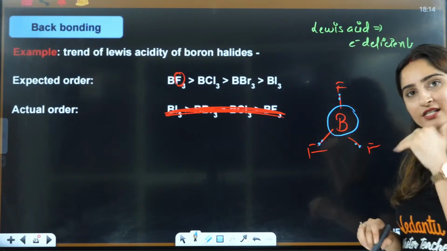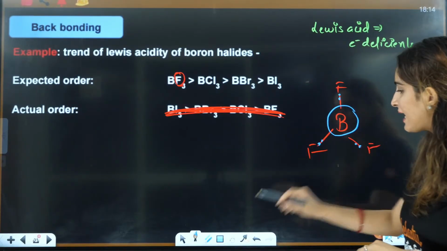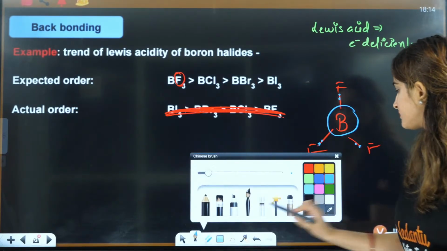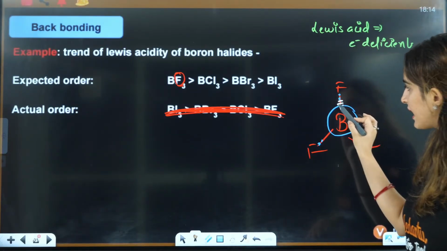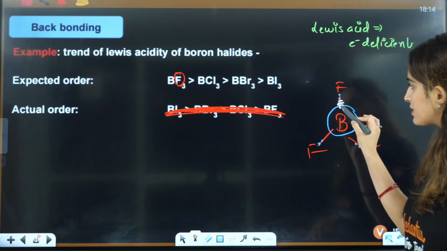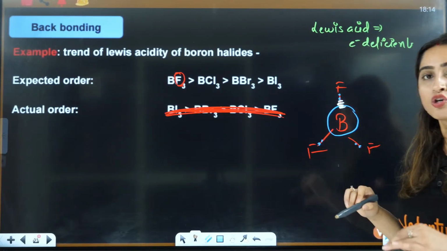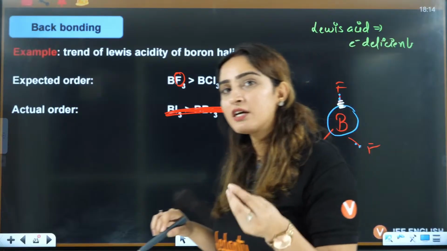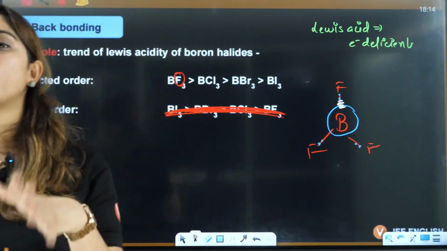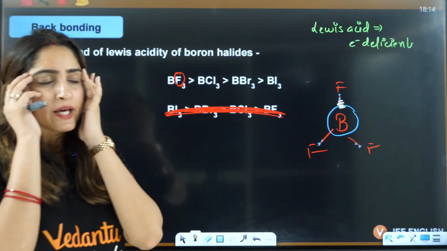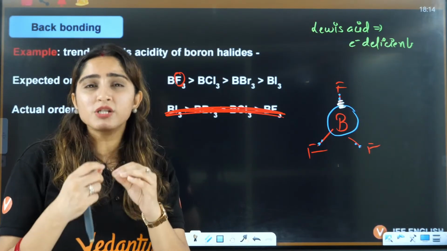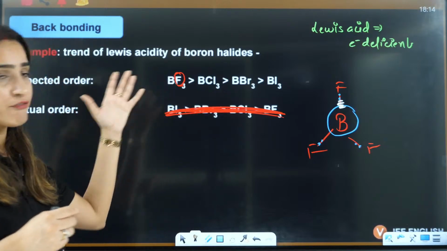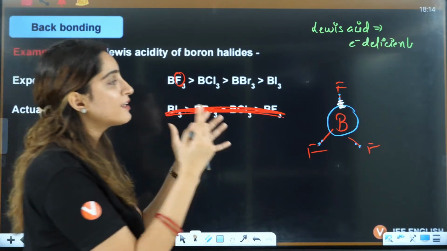Then chlorine is less electronegative, so at least the electrons will be somewhat here. Boron, further electrons will be here. Iodine, maybe further electrons will be somewhat here. So fluorine has the shared pair of electrons maximum towards itself. So that's why we are assuming that boron has to be most electron deficient in BF3. That is what we are thinking.